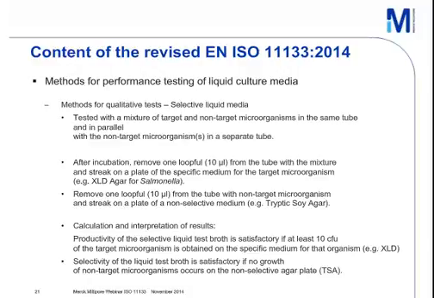After incubation, take one loopful from the tube with the mixed culture and one loopful from the tube with the non-target microorganism, and streak out each on the specific medium. From the mixed culture on XLD agar, for example, as a selective medium, and from the tube with the non-target microorganisms on a non-selective medium, tryptone soy agar.